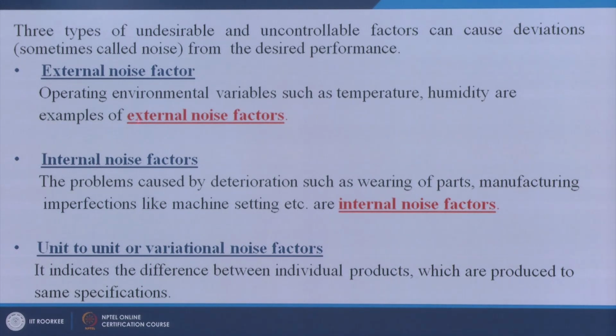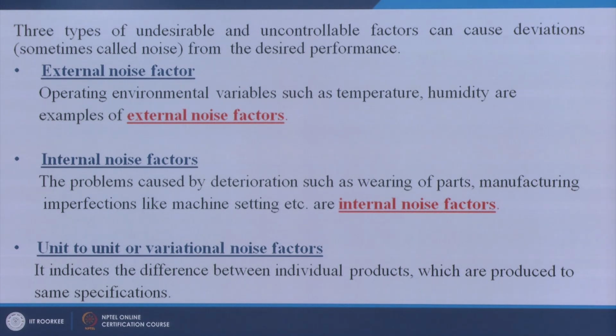These are called different types of noise factors. The first one is the external noise factor. Operational environmental variables such as temperature and humidity are examples of external noise factors. Example already taken. Internal noise factors are the problems caused by deterioration, such as wearing of parts, and manufacturing imperfections like machine setting errors.